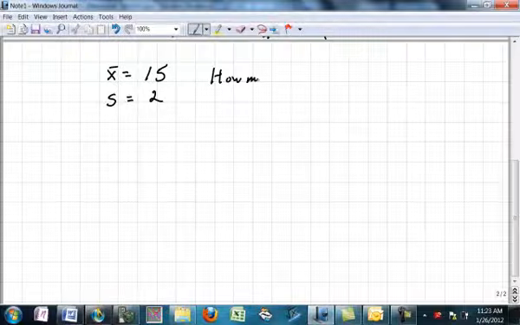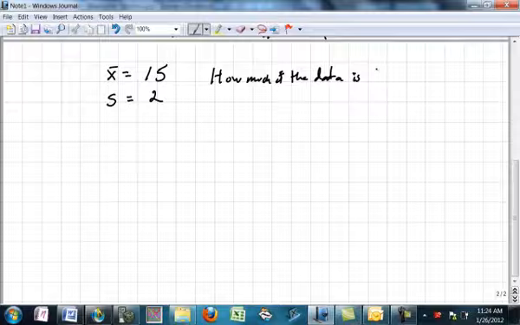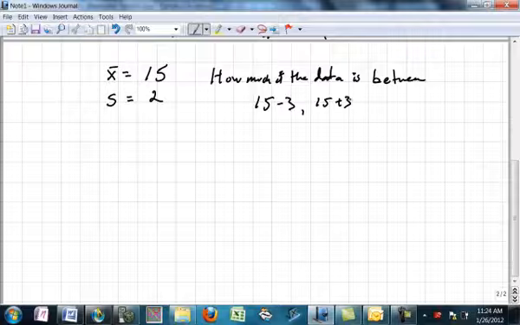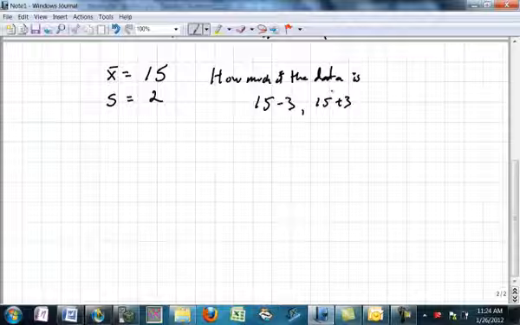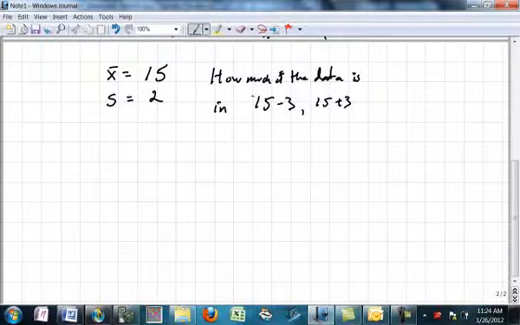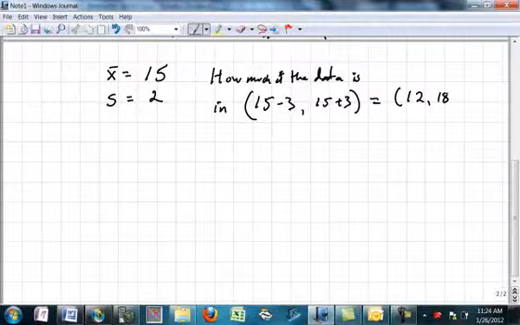How much of the data, what percentage, we'll do the percentage, is in the interval from 15 minus 3 to 15 plus 3? In other words, that's the interval from 12 to 18.